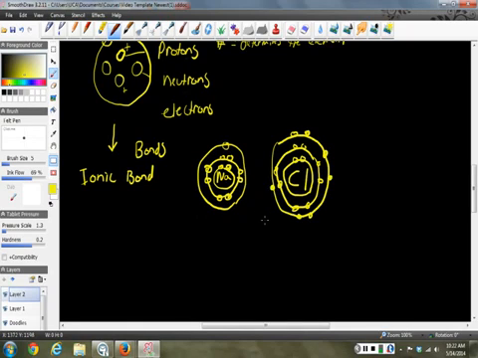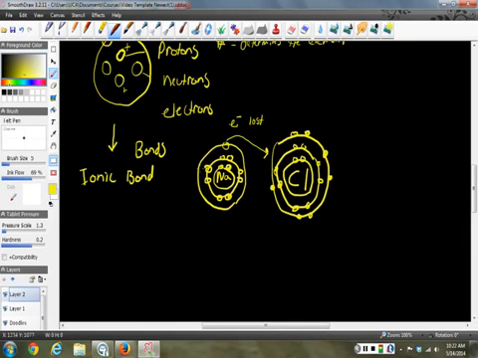So the outer energy level here is missing 1. So if this electron leaves and comes over here, so an electron is actually lost. I'm going to abbreviate electron like this. Lost, and actually moves to the chlorine.